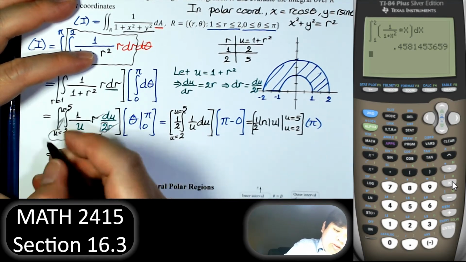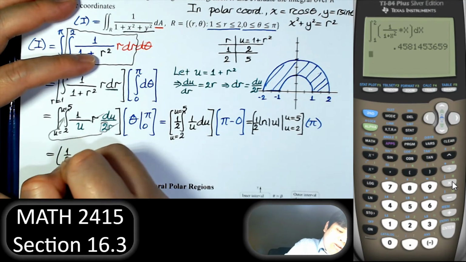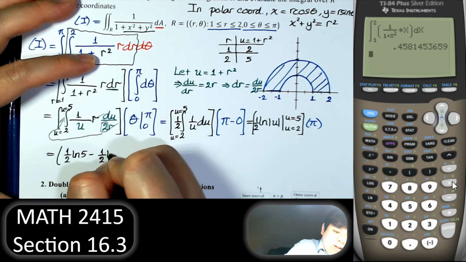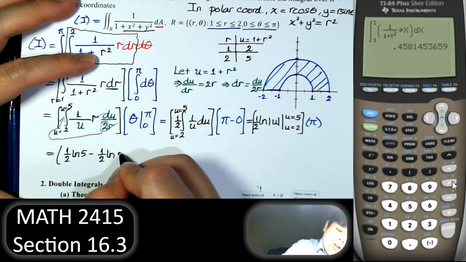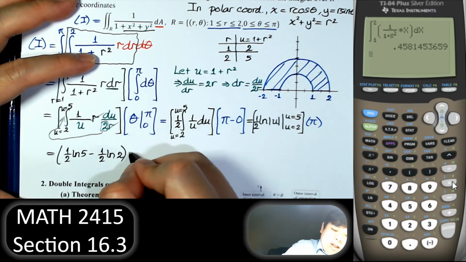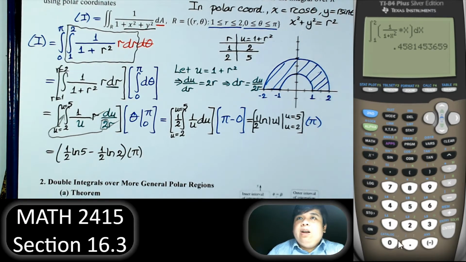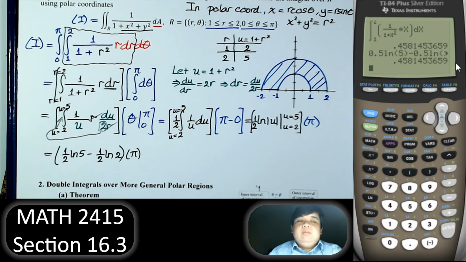So we put in 5, we have 1/2 ln of 5 minus 1/2 ln of 2, times pi. So is that what we have? 1/2 ln of 5 minus 1/2 ln of 2. Yeah, so that's the answer.